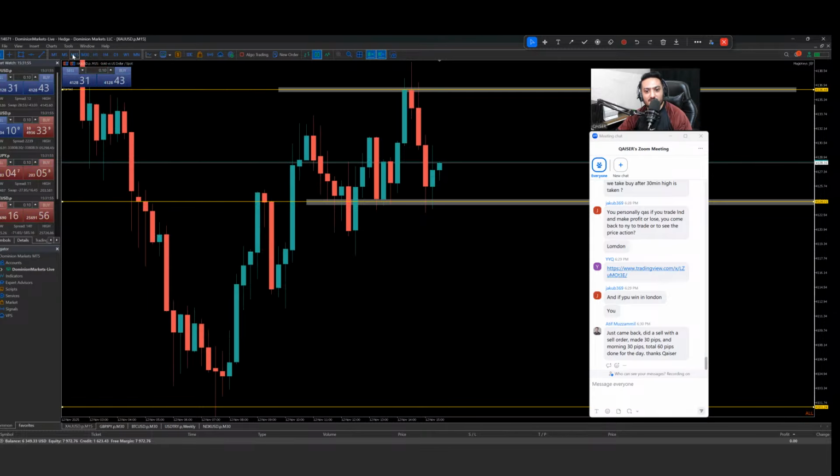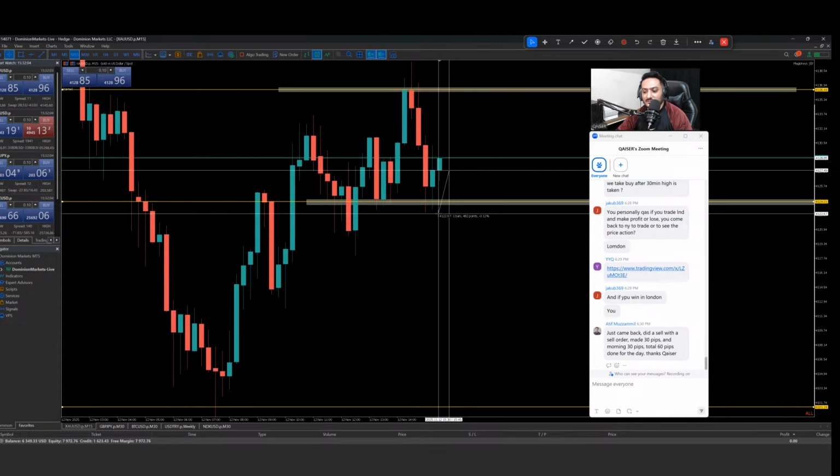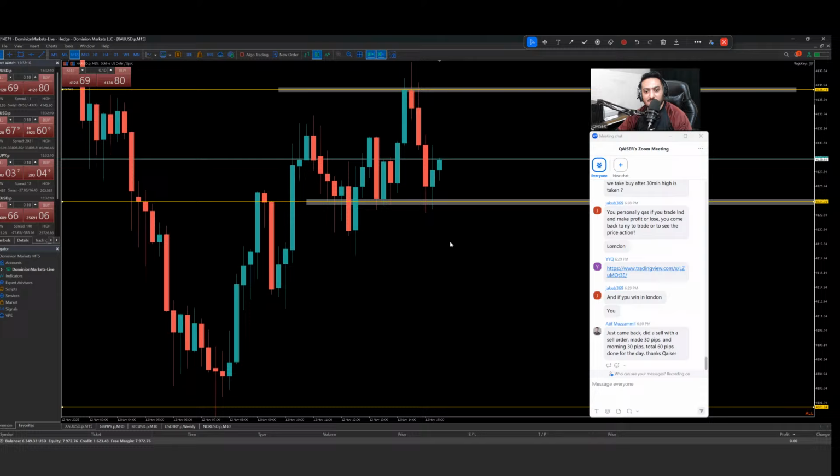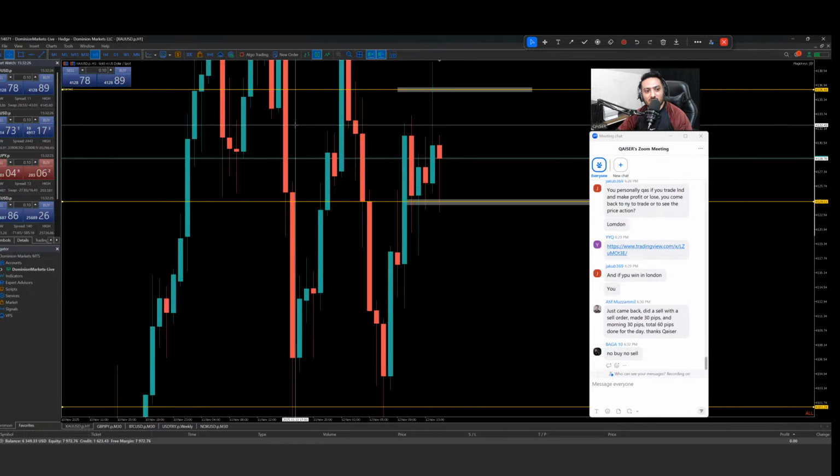Stop loss below this area. Hmm, there's something I'm not comfortable with in this 50-minute, I don't know, because H1 broke the high, still in a bearish form.